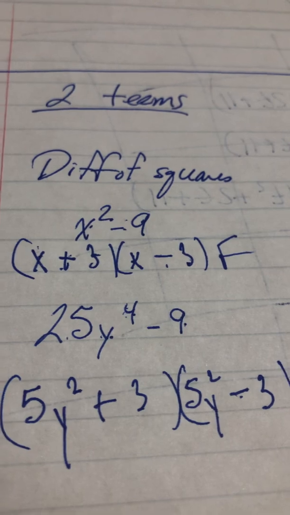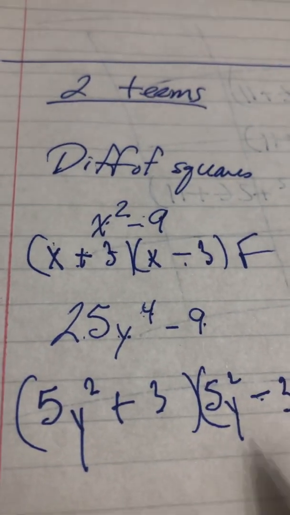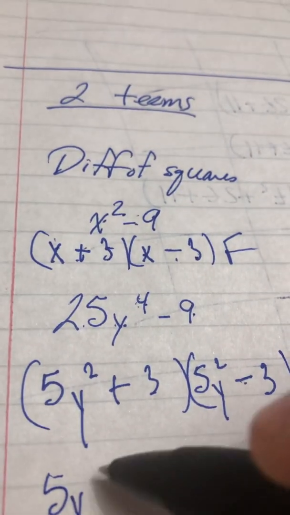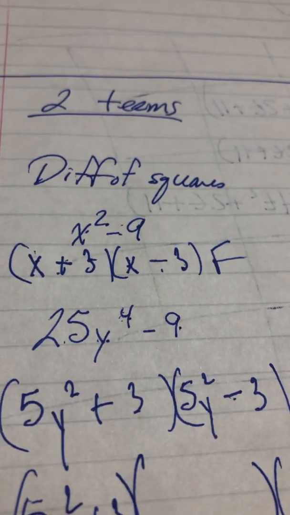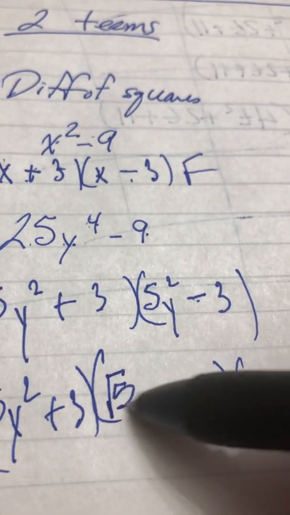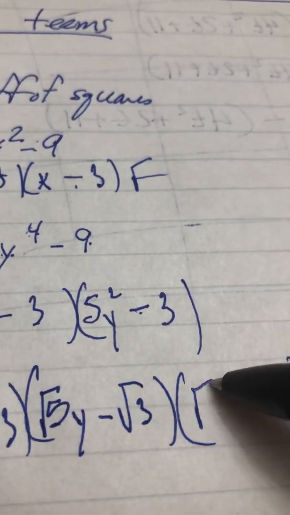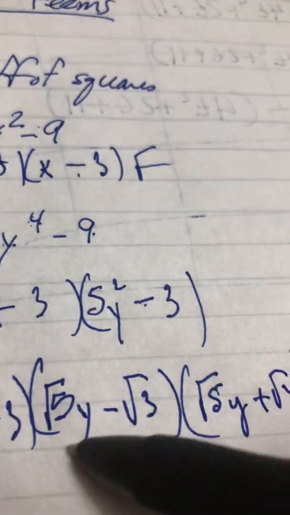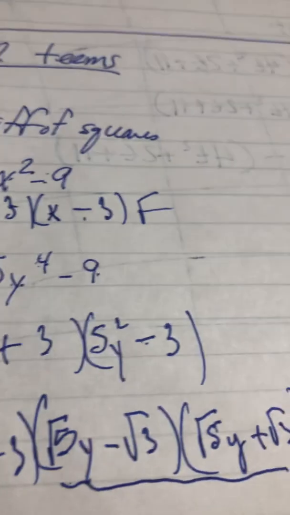If you get into calculus, they might do something funny where they would write it like this, 5y squared plus 3, and then you can actually split that and go, well, that's the square root of 5y minus the square root of 3, and that's the square root of 5y plus the square root of 3. Sometimes things like that happen, but in general, we tend to stop there.